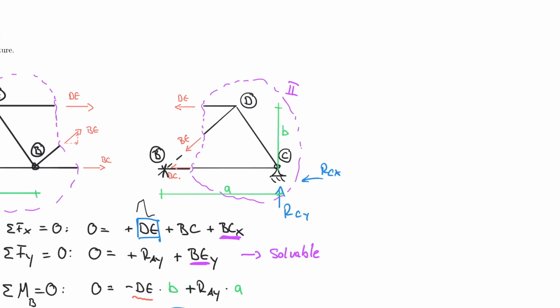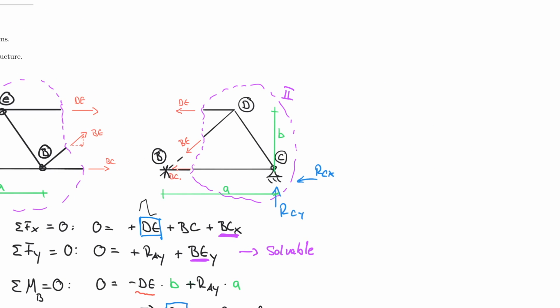But let's set up the sum of the moments about this point, which is again outside of the cloud. So to find dE, I will say the sum of the moments about point B is equal to 0, counterclockwise positive.